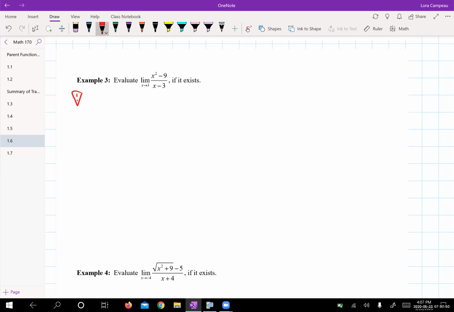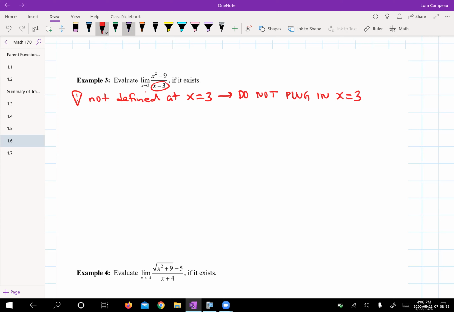Look at what happens when you plug in x equals 3 to the denominator. 3 minus 3 becomes 0, and you get a function that's not defined at x equals 3. Whenever you have a denominator of 0, that's undefined, so be careful. So we need to make sure that we do not try to plug in x equals 3 to the entire function.